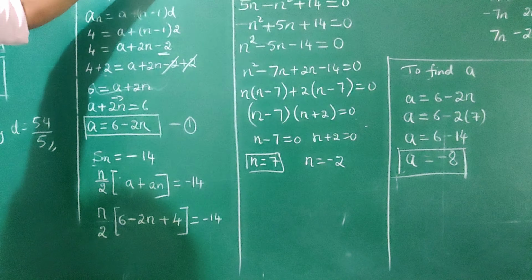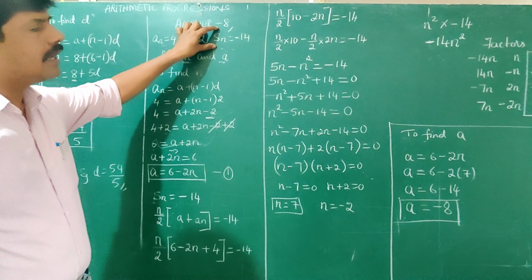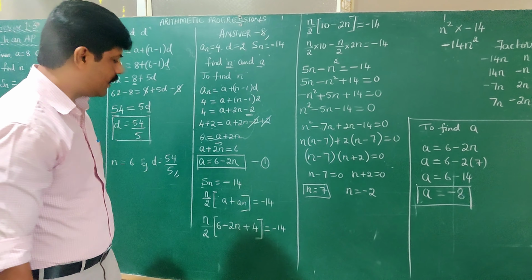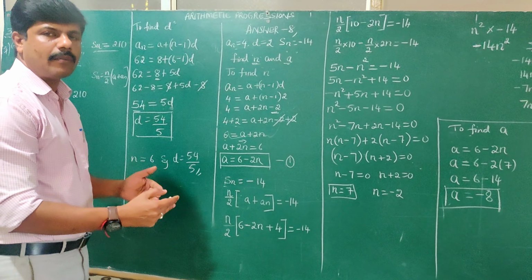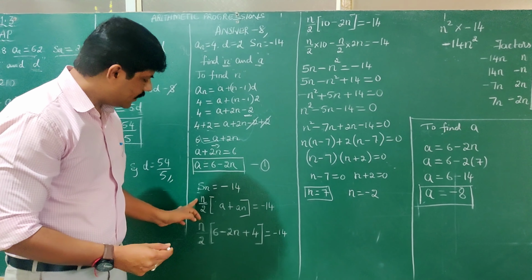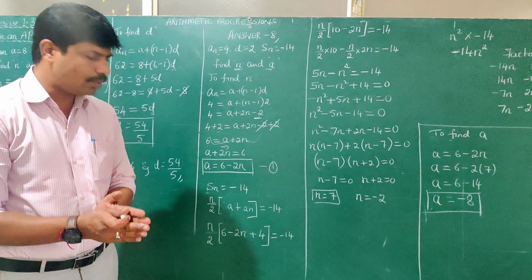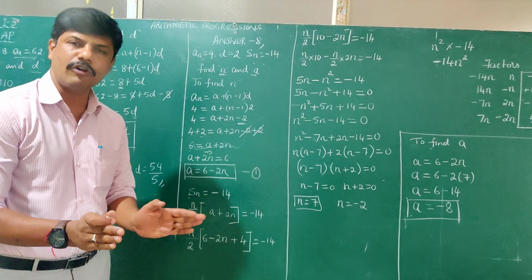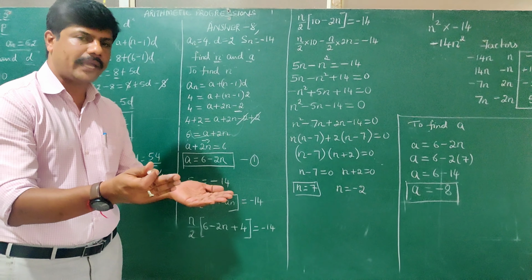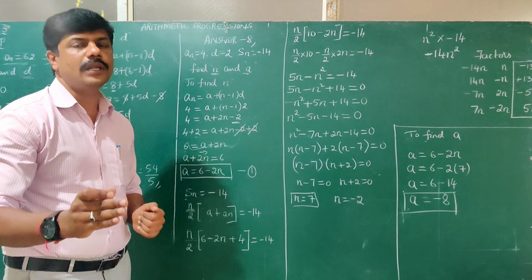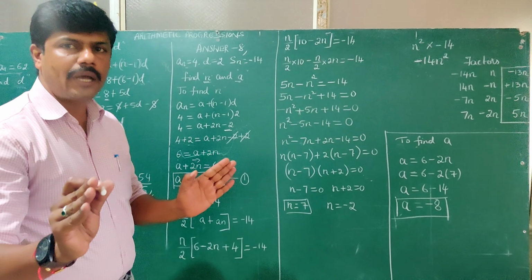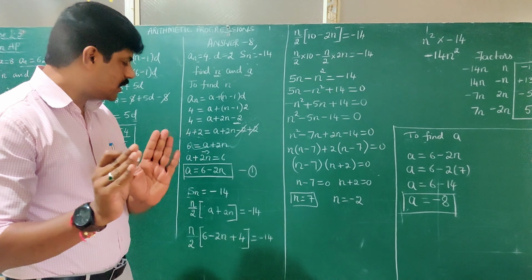Okay. Now take the second clue given, Sn is equal to minus 14. What is Sn? Apply the formula. You can apply Sn is equal to n by 2 into a plus an formula, or the other formula also you can apply, Sn is equal to n by 2 into 2a plus n minus 1 into d. Any formula you can apply and you will arrive at the solution.